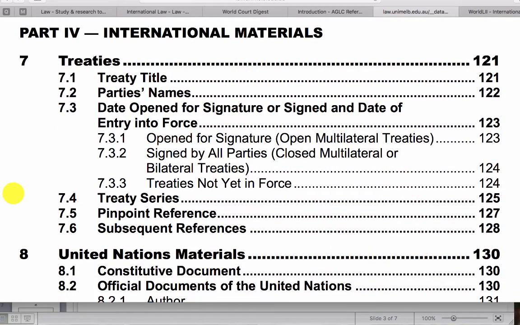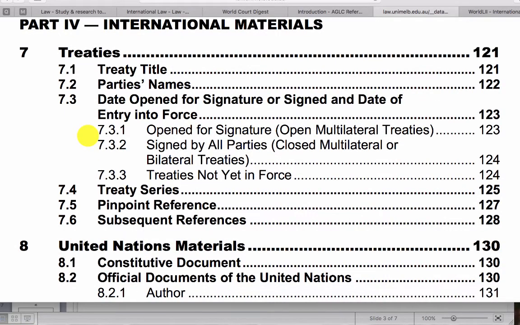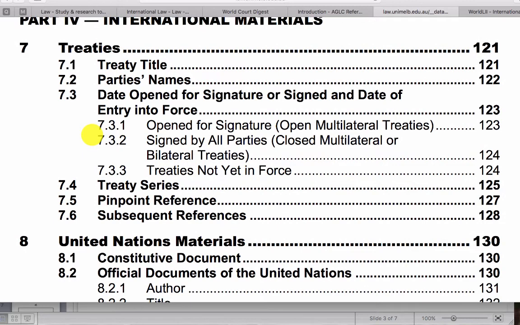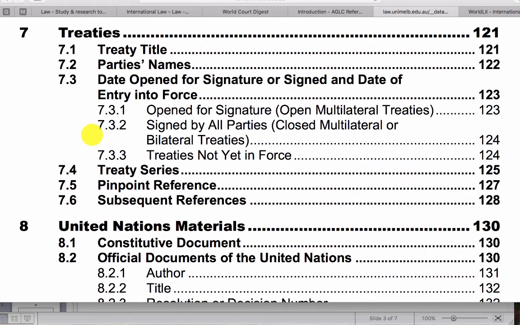So it firstly covers off treaties. Important to note is identifying the date when the treaty was opened for signature, signed, or the entry into force dates. So we've covered that off in an earlier module, so locating that information is essential for your citation. Also here you'll note the treaty series.